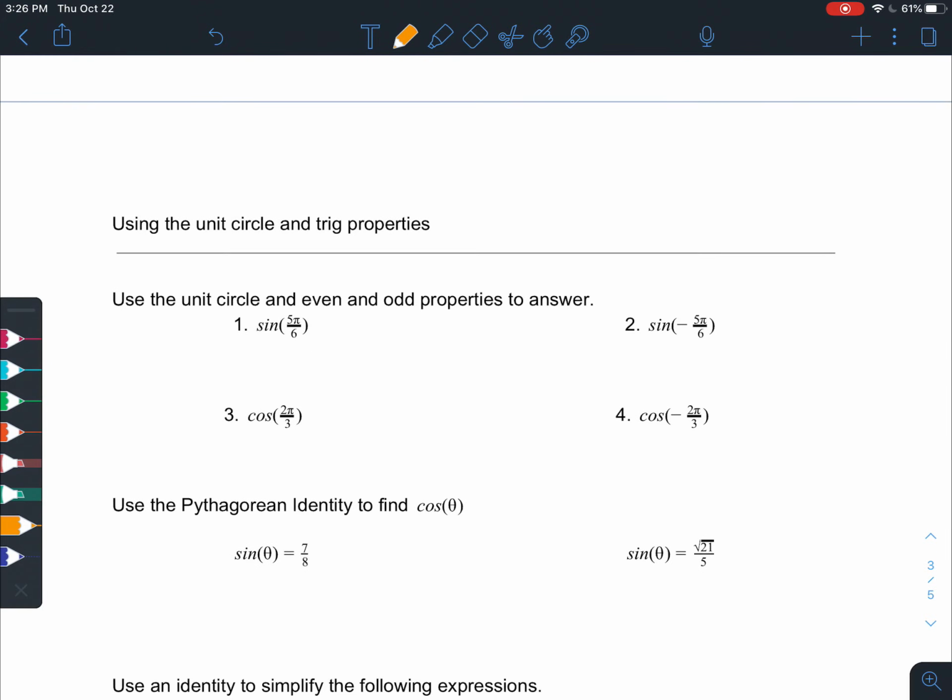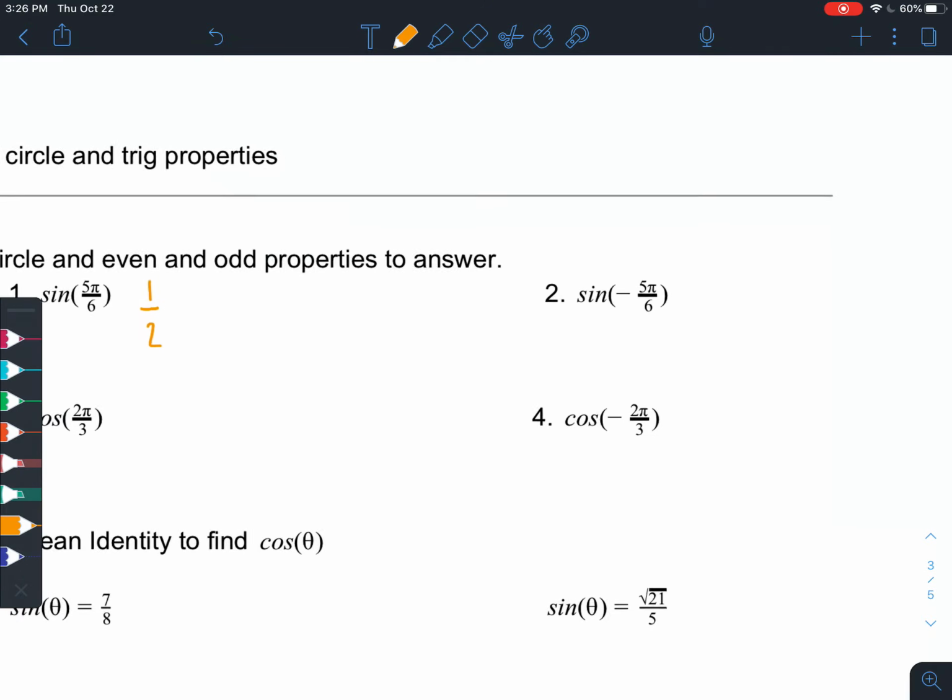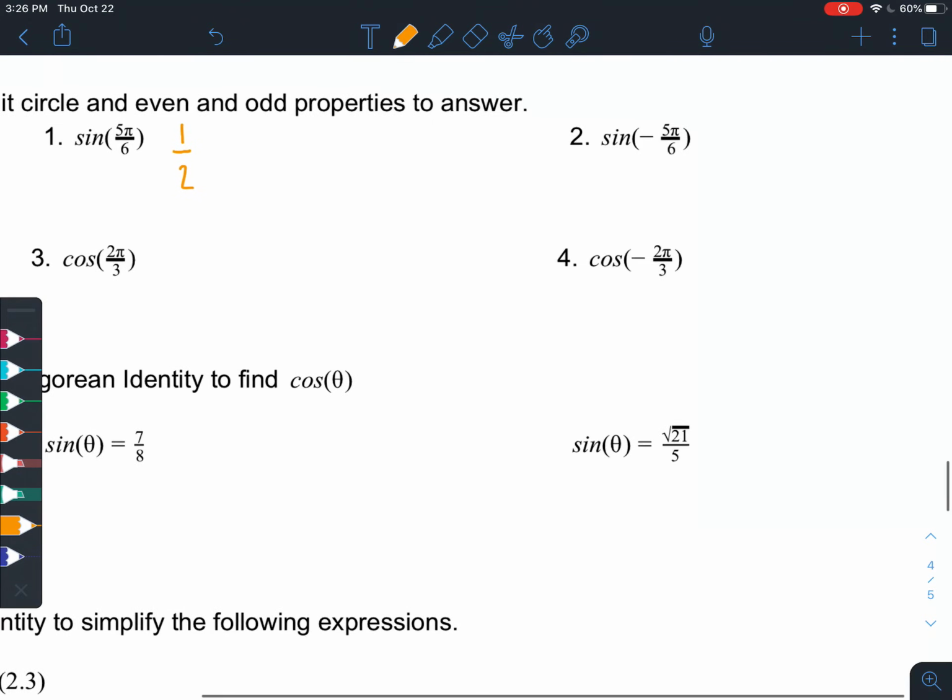Okay, so we're going to use the unit circle to remember these trig properties. And we won't always have the unit circle with us, so we need to start remembering these properties on our own. So we've got sine of 5 pi over 6. If you use your unit circle, you'll notice that this is 1/2. Okay, so then we have this identity, sine of negative 5 pi over 6.